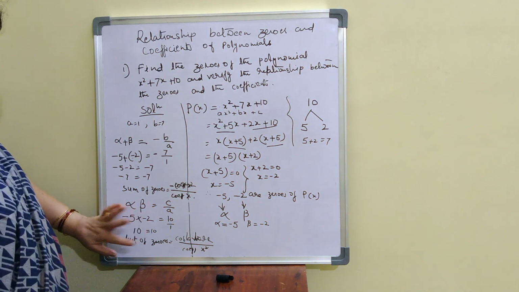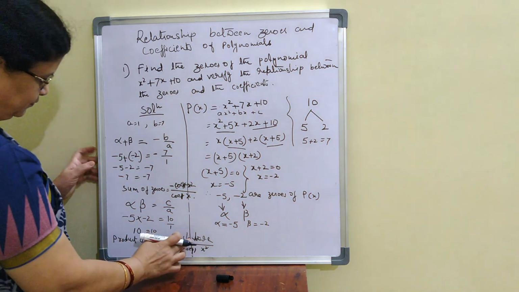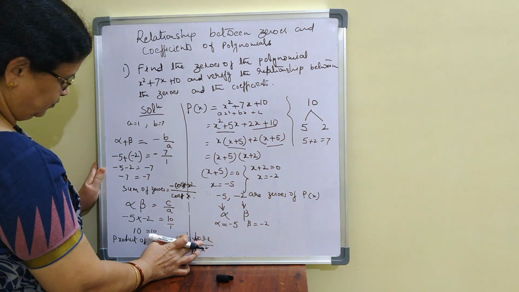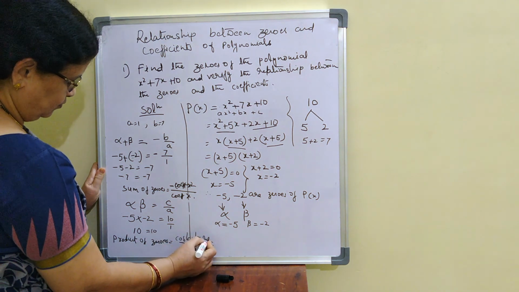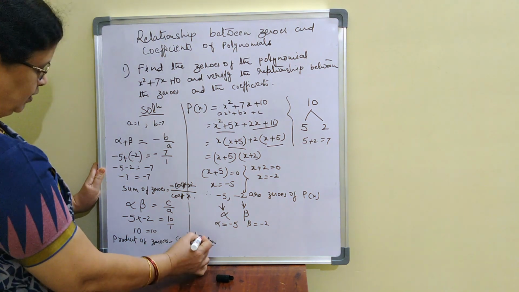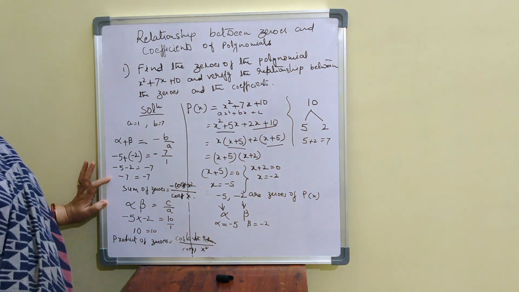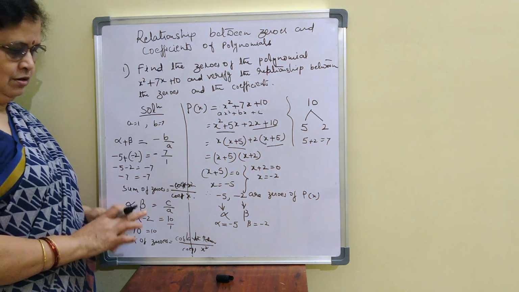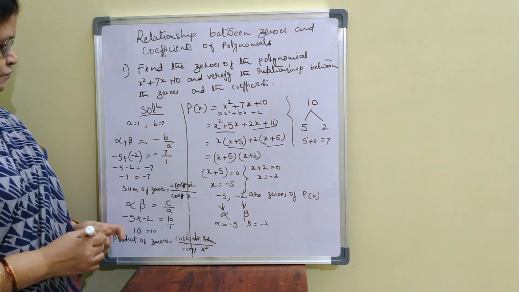So this is the relationship: constant term divided by coefficient of x square. So we'll prove it like this.